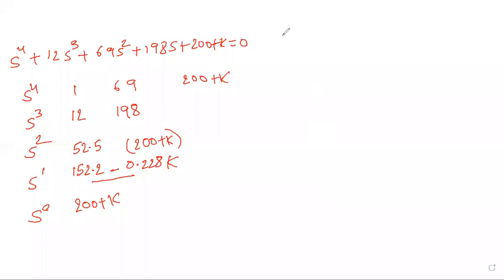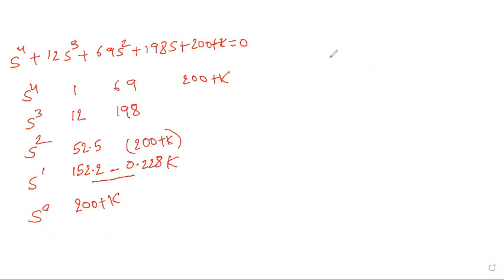So what is he asking first? What is the first objective? Can anyone tell me? Find the range of K for stability.